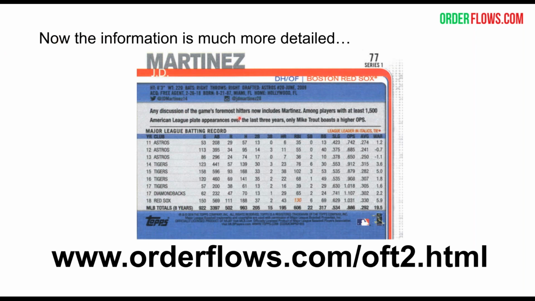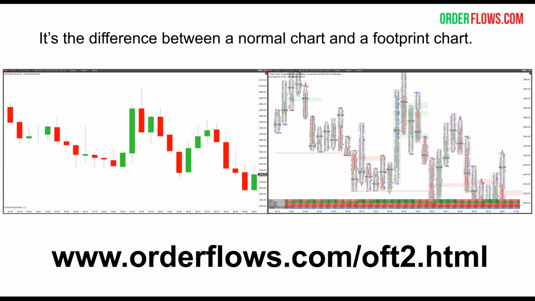It has the at bats, the hits, the doubles, triples, home runs, but now it's got the slugging percentage, the on base plus slugging percentage. It's got obviously their average, but it's got the wins above replacement. These are all advanced analytics, right? People are realizing that you can take this data and get other pieces of data out of it. I don't want to get into baseball analytics here, but it's basically the difference between looking at a normal chart and a footprint chart, right?